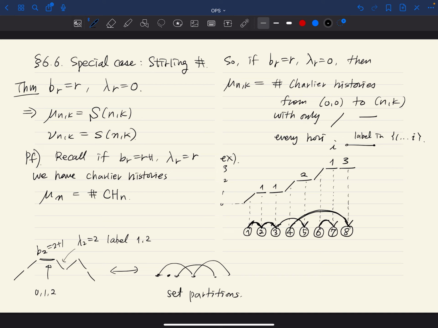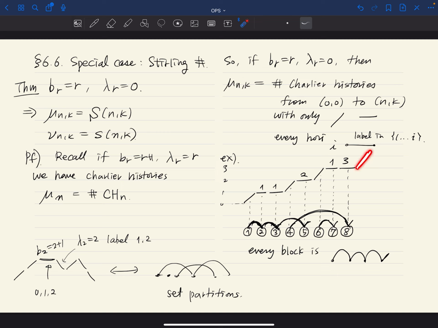What you can notice here is that every block, every connected component, is of this form, and unfinished. Because to finish it, we need a down step. If we had a down step, then we could finish it, but we cannot. And because there's no label 0, we cannot have a singleton either. But this is fine.